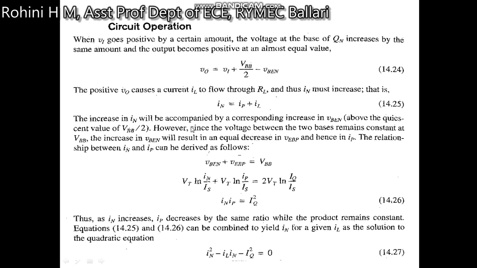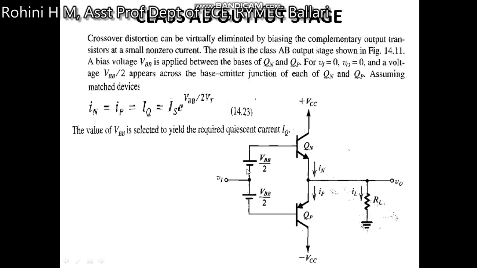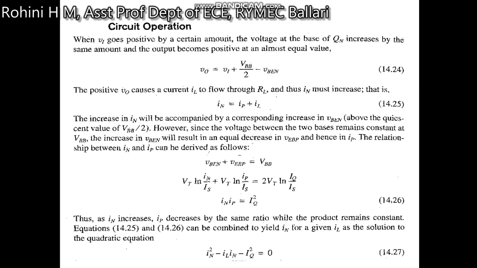Okay, so then VBB is given by VBEN plus VBEP. Here VBB is given by VBE across the N transistor and VBE across the P transistor.